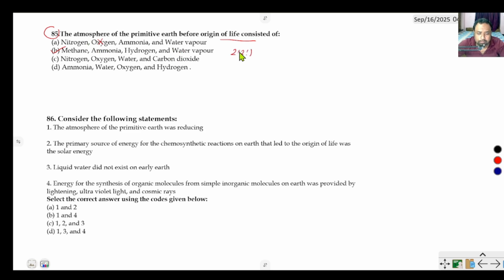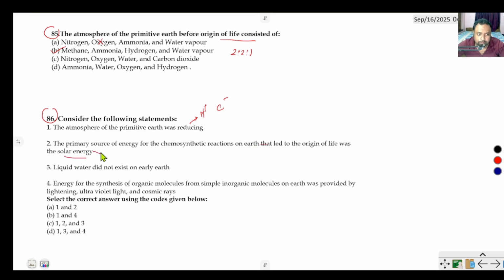Methane, ammonia, hydrogen present in 2:2:1 ratio. Question number 86 says, consider the following statement. The atmosphere of primitive earth is reducing. Reducing means due to high temperature, there is a lot of hydrogen ion and electrons present. The primary source of energy for the chemosynthetic reaction on earth that leads to the origin of life was the solar energy.